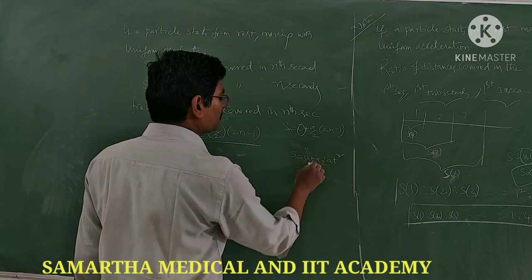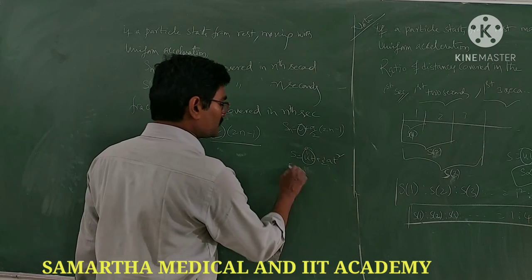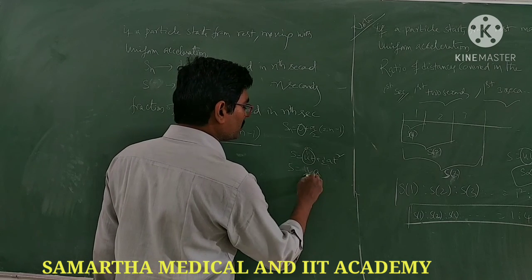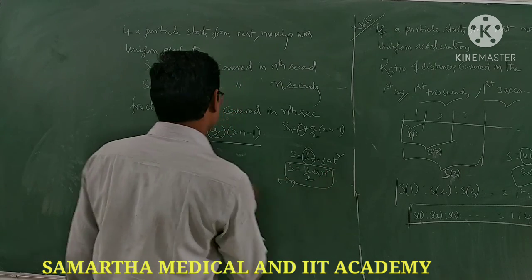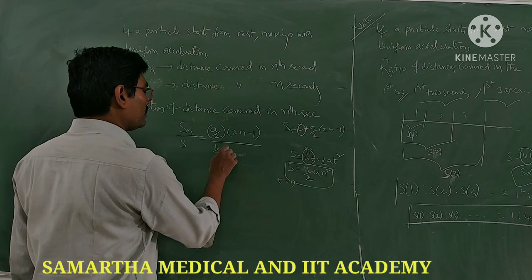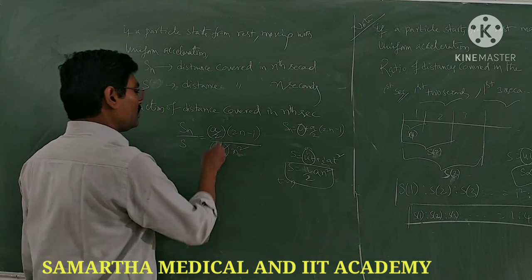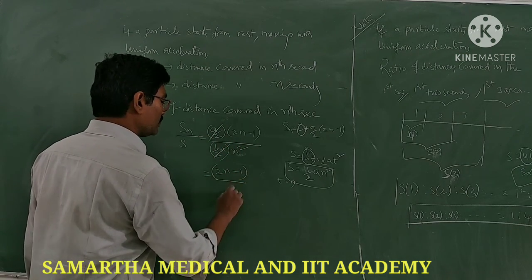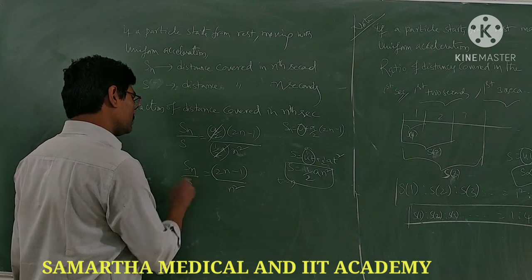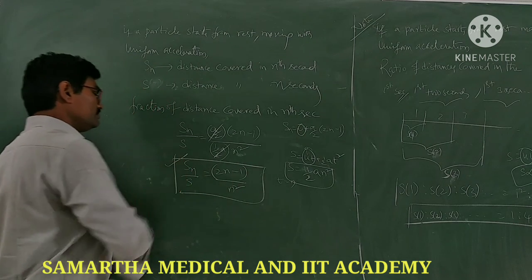Here the particle starts from rest, so this part is 0. So S equals half a into n square. This I am going to replace here. So a by 2 gets cancelled. You will get 2n minus 1 by n square. This is the fraction of distance covered in the nth second.